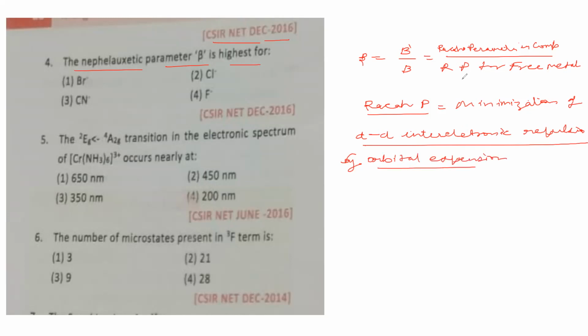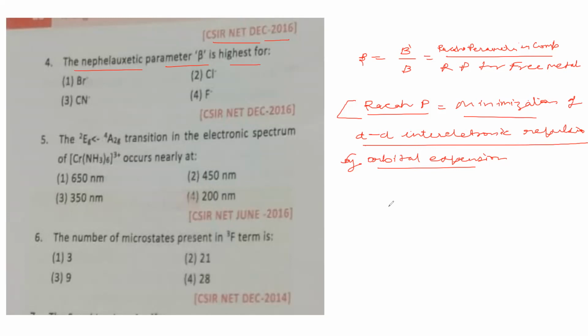So the Racah parameter depends on the nephelauxetic effect. And what is the nephelauxetic effect? Nephelauxetic effect is minimization of dd interelectronic repulsion by orbital expansion, and the energy that is measured by the Racah parameter for this minimization.